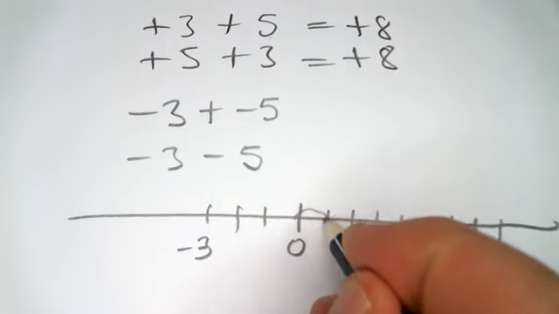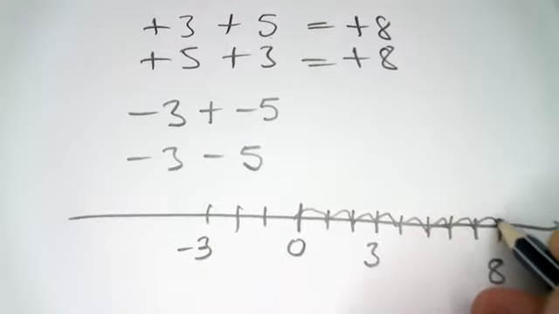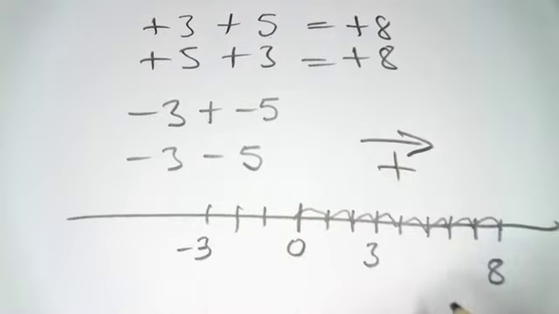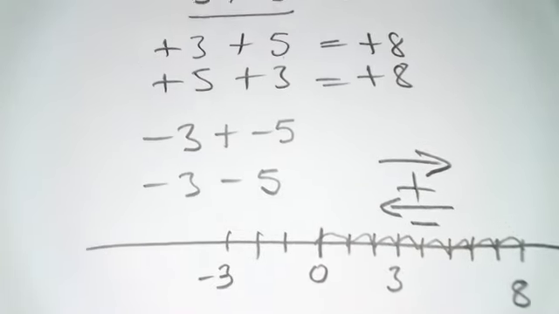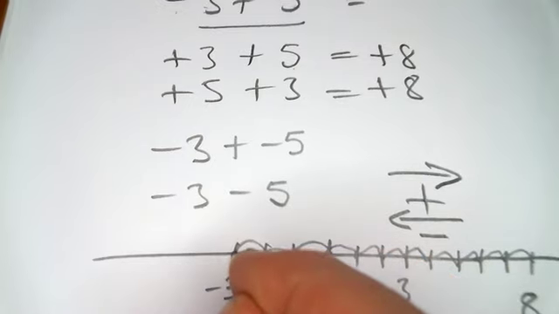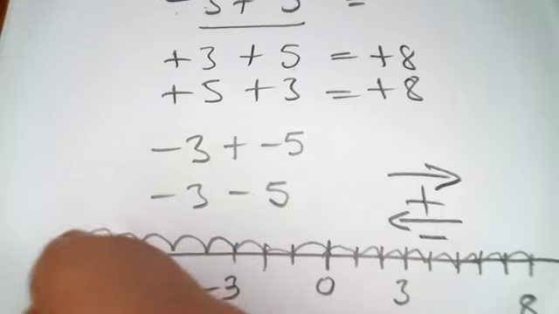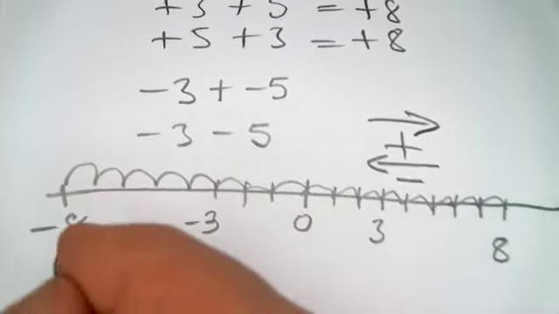Here I can count 1, 2, 3, 1, 2, 3, 4, 5 in the positive direction. That's the positive direction, whereas this here is the negative direction. So I could have negative 3, 1, 2, 3, and I can have another negative 5, 1, 2, 3, 4, 5, which gets me to, in this case, negative 8.